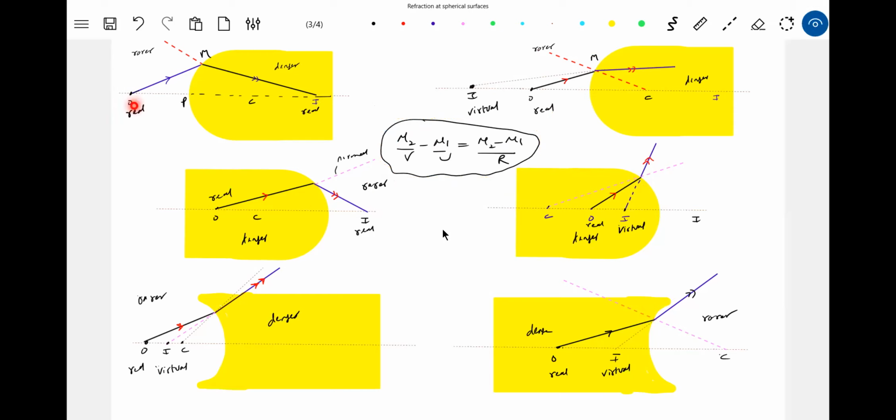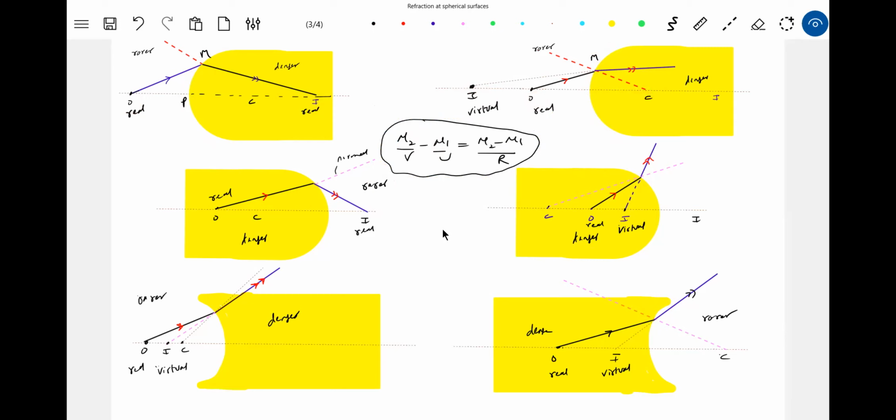Means object is in rarer medium, object is facing the convex boundary, and the image is formed in denser medium. Is this formula applicable? Yes. Object is in rarer medium, and the object is facing the convex surface, and the image is formed in the same rarer medium, not denser medium.